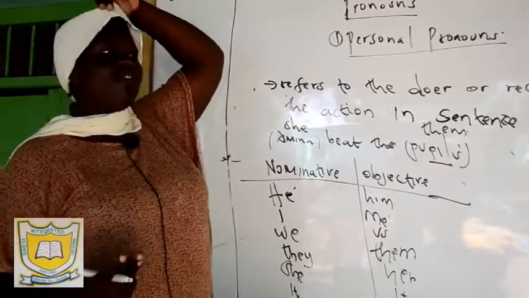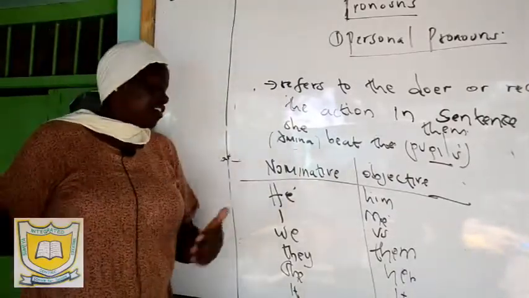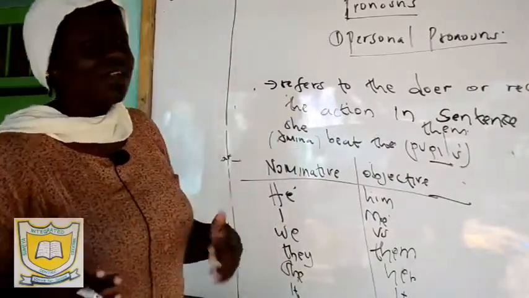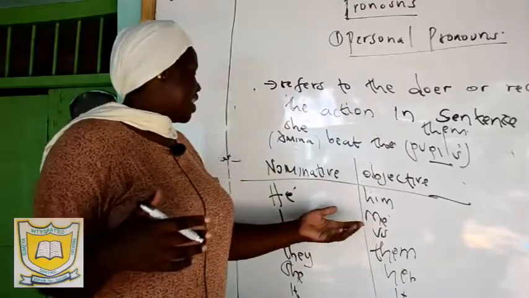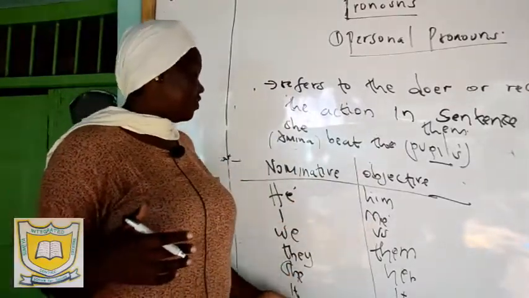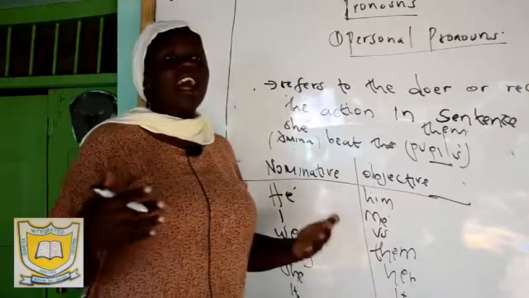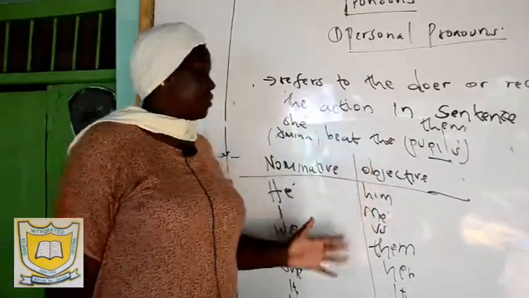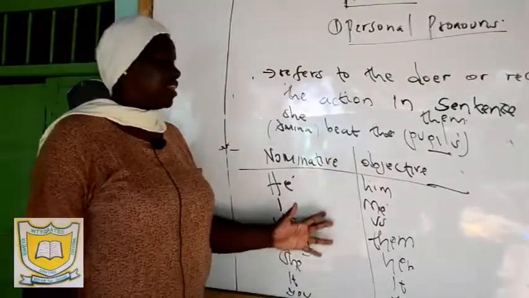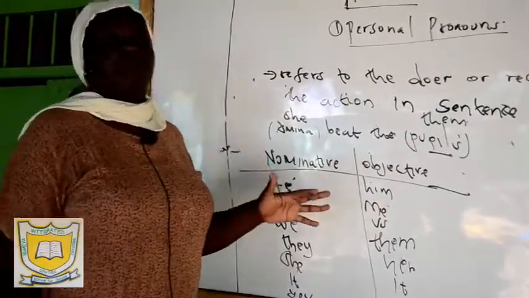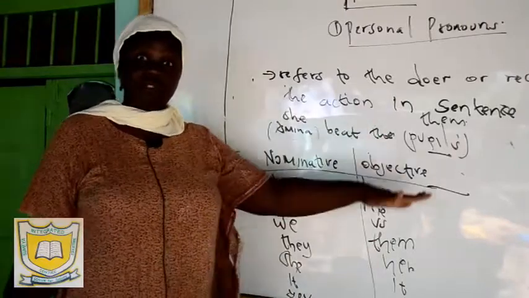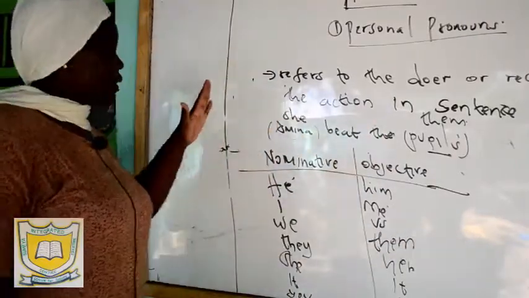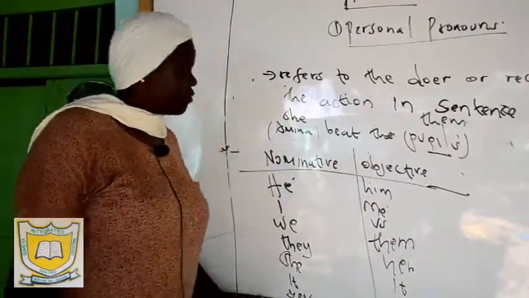Maybe A, he, B, him, C, I. Him, me, us, he, I, we, they, she, it, you, them, her are all personal pronouns. But when you break them down into types of personal pronouns, nominative and objective, we get those we use in the nominative and those we use in the objective.